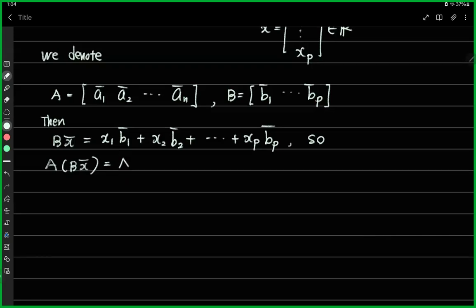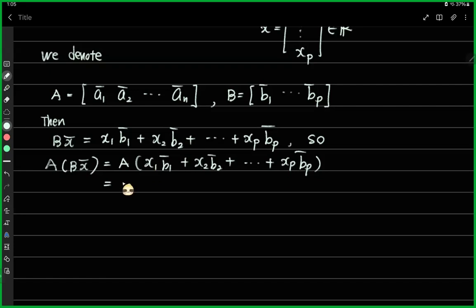So A times Bx bar is going to be x1 b1 bar, which I'm going to copy, plus x2 b2 bar, plus through xp bp bar. Got it? Now x1, x2, through xp are what? Scalars, right? So we can bring them out.